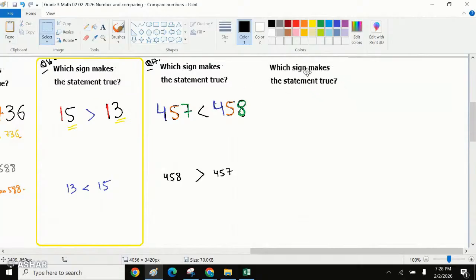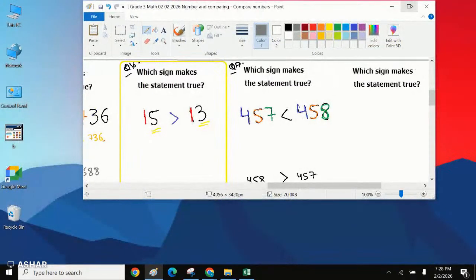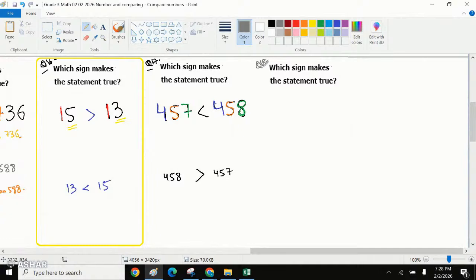Okay, the next question, question number 18. Sorry. Question number 18 says, okay, the numbers given are 862 and 962.